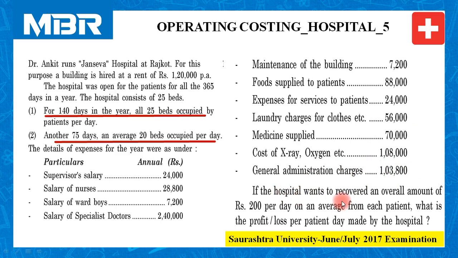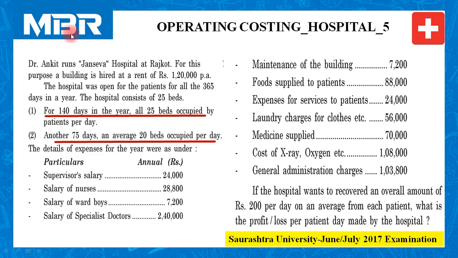If the hospital wants to recover an overall amount of rupees 200 per day, on an average from each patient, what is the profit or loss per patient day made by the hospital? I have copied this question from the Saurashtra University examination question papers of June-July 2017.